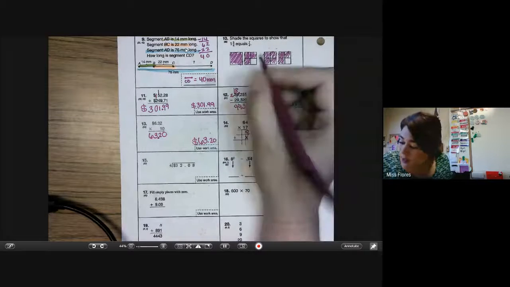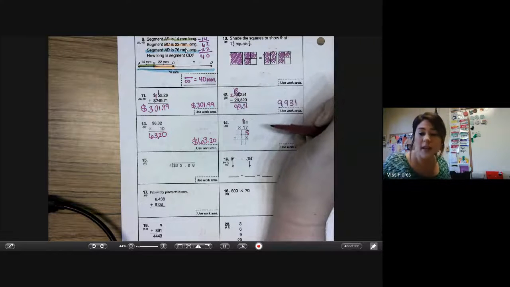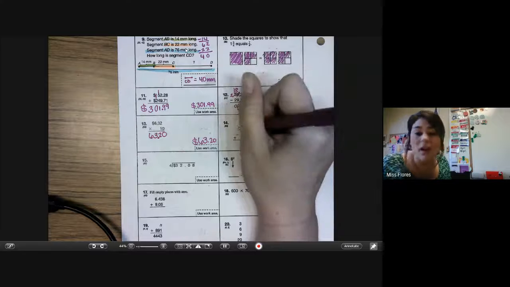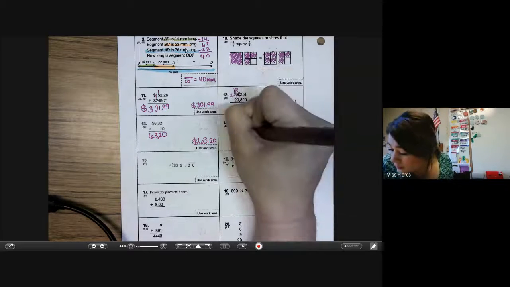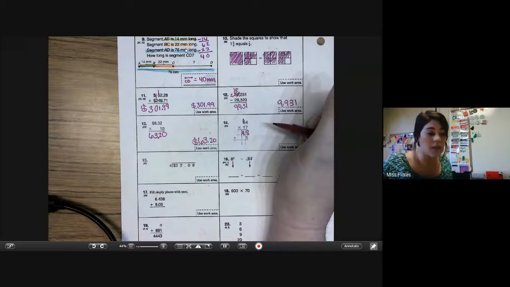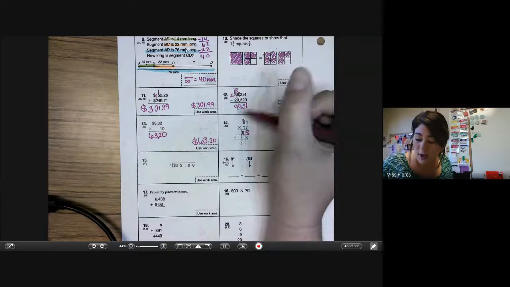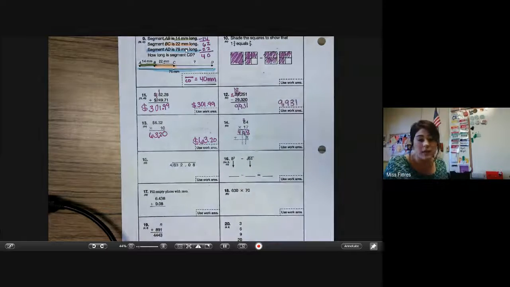The 8 gets brought down, and the 2 gets carried over. 7 times 6 is 42. 42 plus 2 is 44. Since there are no other digits up here, I'm just going to write 44 right here, because there's nothing else to multiply that by.